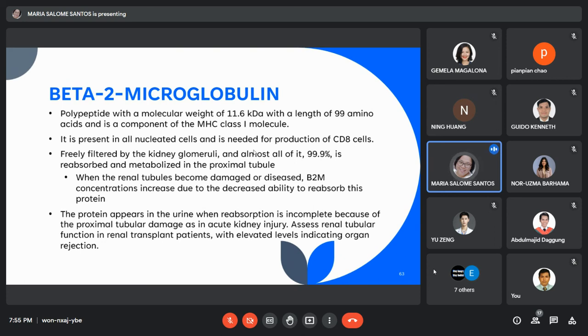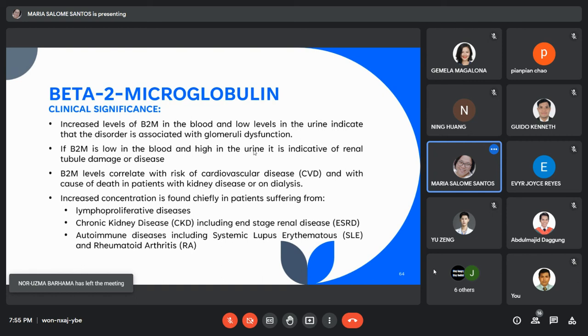Beta-2 microglobulin appears in the urine when reabsorption is incomplete because of proximal tubular damage, as in the case of acute kidney injury. It assesses renal tubular function in renal transplant patients, with elevated levels indicating organ rejection. So increased levels of beta-2 microglobulin in blood and low levels in urine indicate that the disorder is associated with glomerular dysfunction.